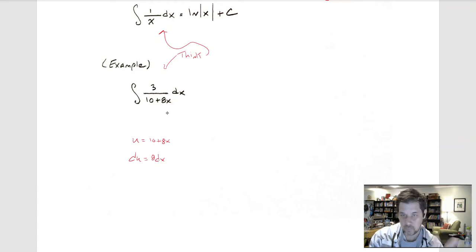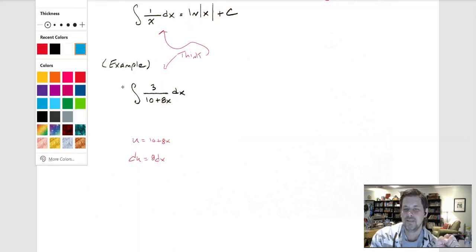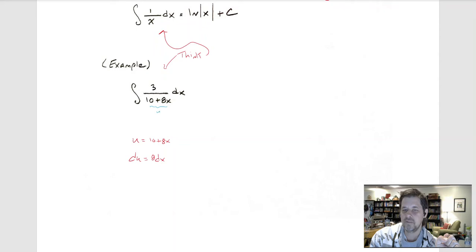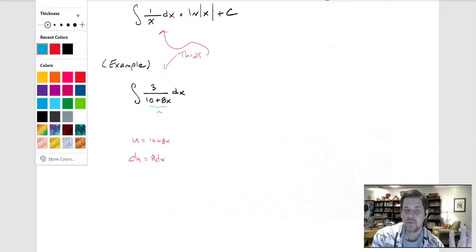Now I want everything here to fit, and so this will be the u, right? It looks like it's almost going to fit. This part will be u, but what about this part, the dx? I have to substitute that away, and that has to be the du. And I've got this 8 here. The equation I'm working with is du is equal to 8 dx, and this doesn't say 8 dx. If anything, it says 3 dx. It doesn't say 8, but all I want to do is make this fit into that problem.